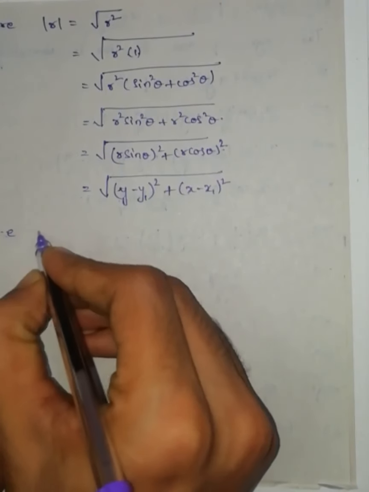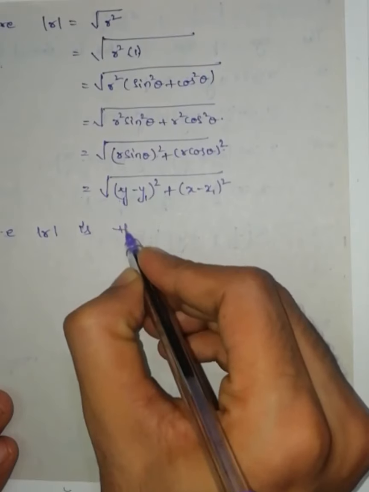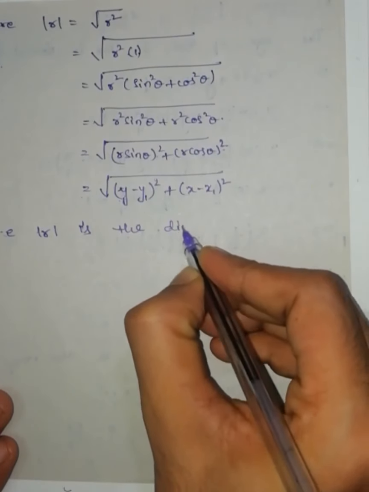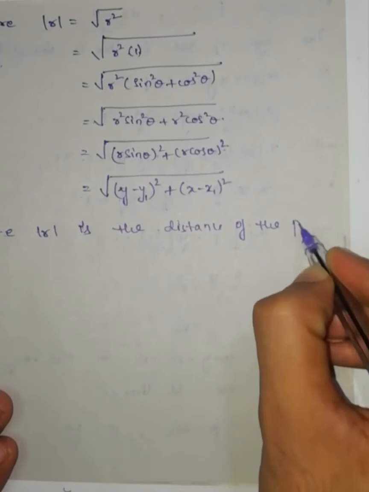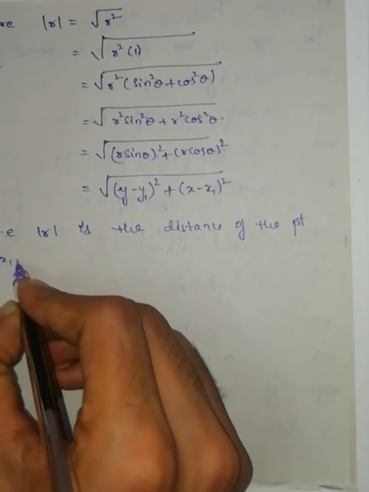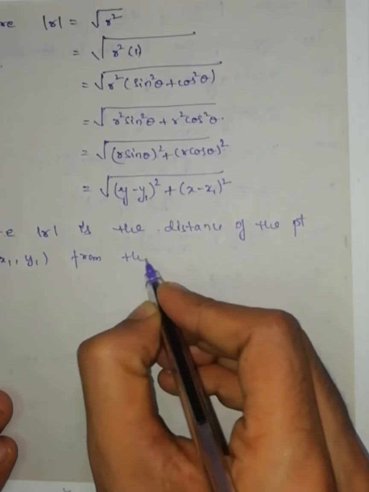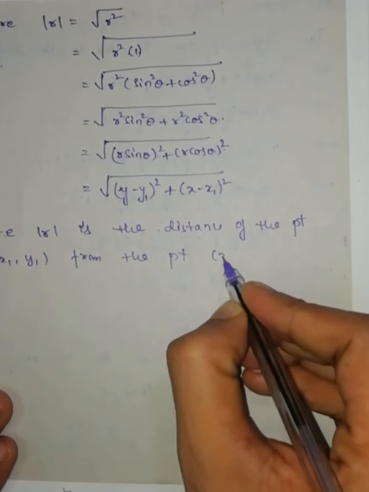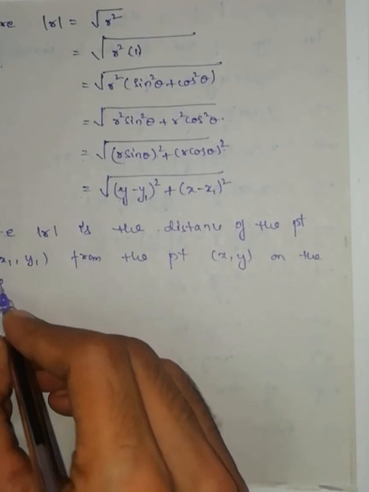That is modulus of r is the distance of the fixed point x1 comma y1 from the point x comma y on the straight line.